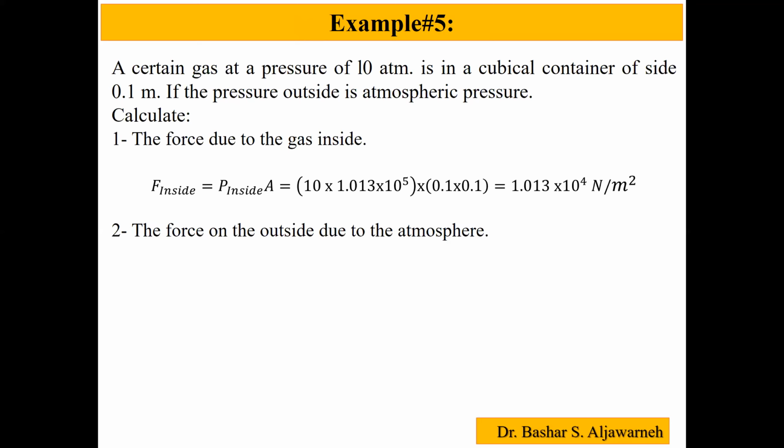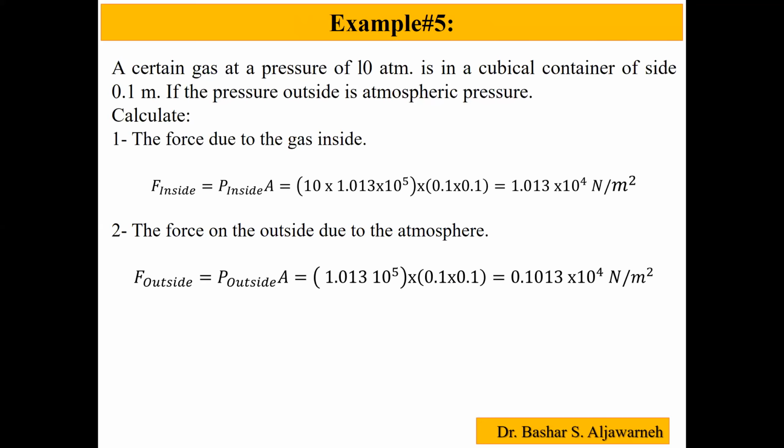Second part, calculate the force on the outside due to the atmosphere. Okay, same procedure. Pressure outside equals the perpendicular force from outside divided by the area. Now multiply both sides, you will find F outside equals outside pressure times area.